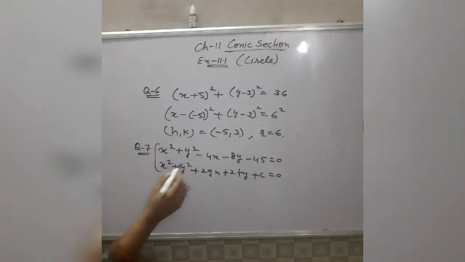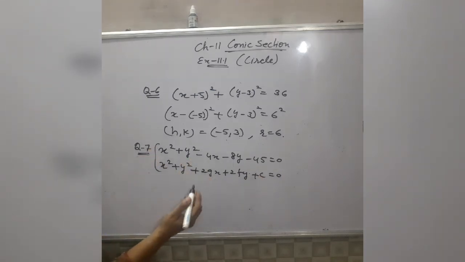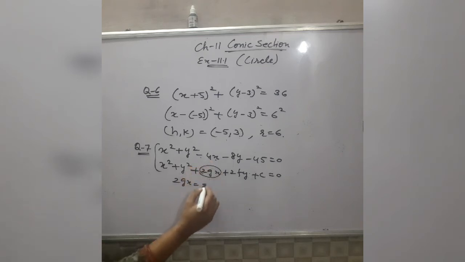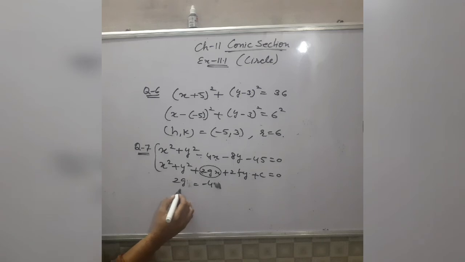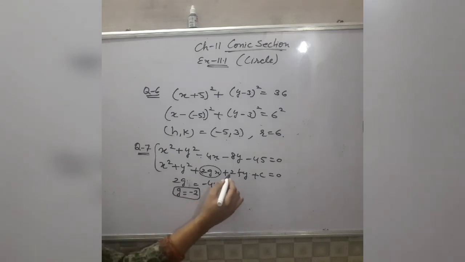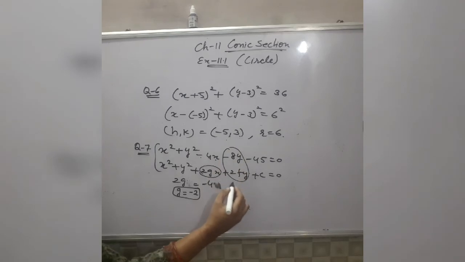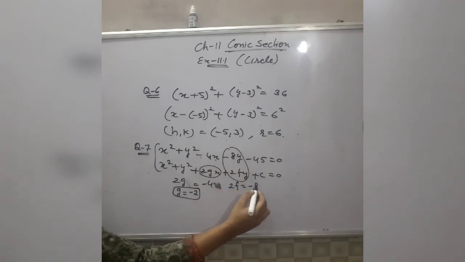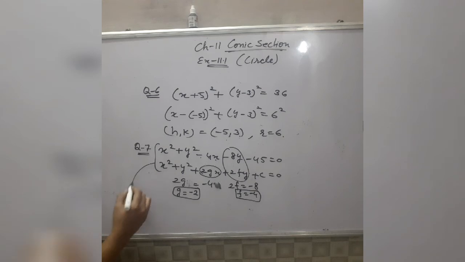If you compare these two equations, what is the value of g? The term 2gx is equal to minus 4x. X is cancelled with x. So from this result, what is the value of g? G is equal to minus 2. Similarly, if you compare these two terms, then 2f is equal to minus 8, or you can say f is equal to minus 4.